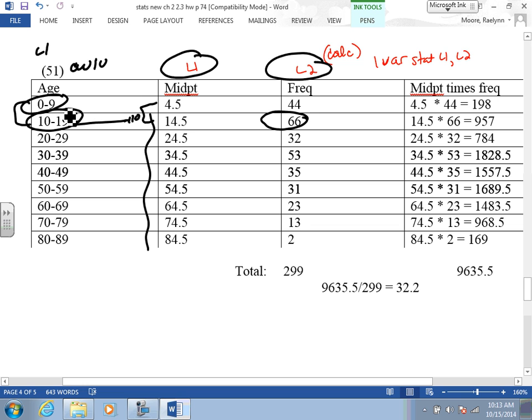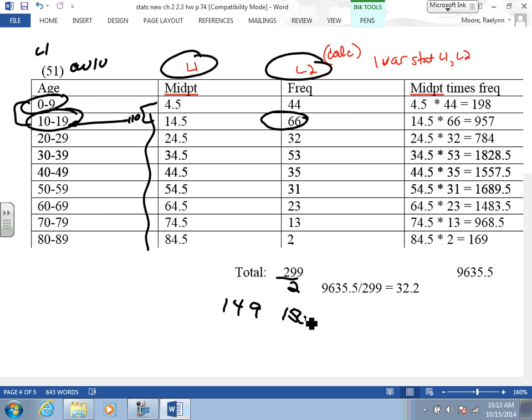The median, you can find the median when you do your L1, L2, or you can add your median up. This all adds up to 299. It's an odd number, so if we divide this by 2, it's like the 149 between 149 and 150, right? The 149 one, whatever.